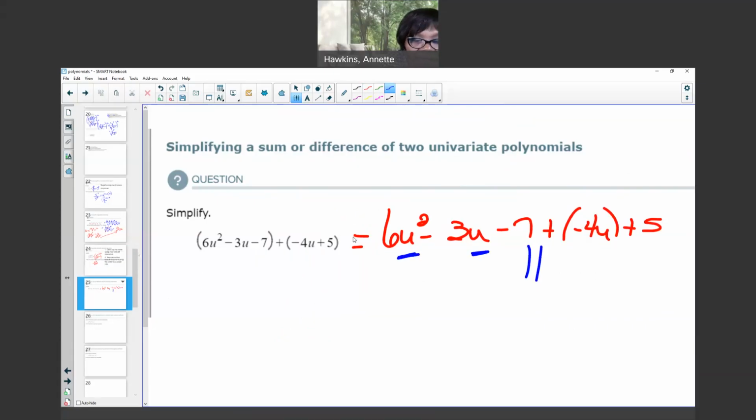We do not have any more u squared terms, so that's 6u squared. We have negative 3u and negative 4u. Remember, when we're adding, we only affect the coefficients, negative 3 and negative 4. And then these are numbers, negative 7 plus 5 minus 2.